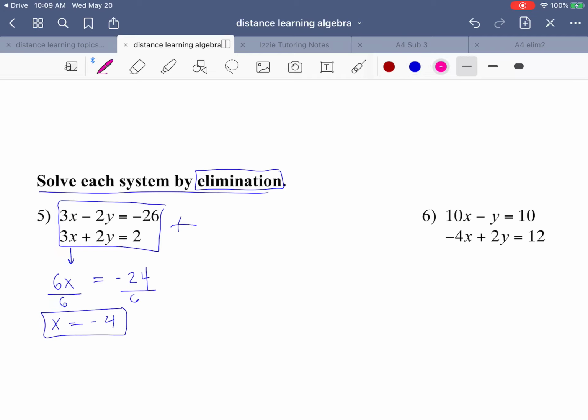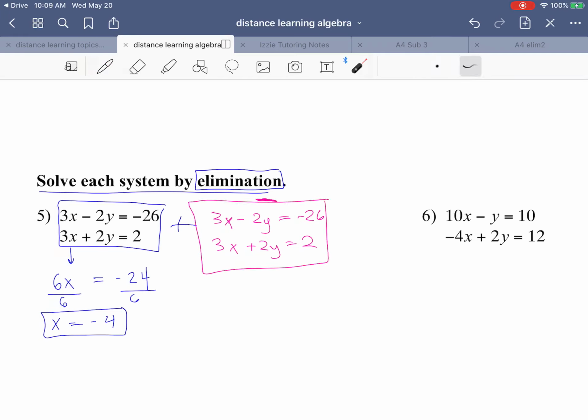If I rewrite the problem, which I think is pretty helpful, and I look at this in a slightly different way, if I subtract straight down, 3x minus 3x, those would cancel.